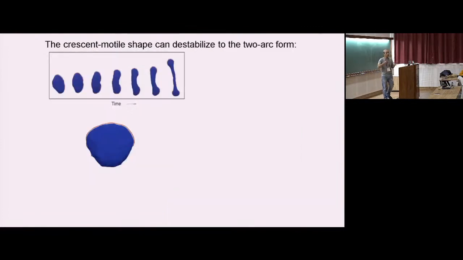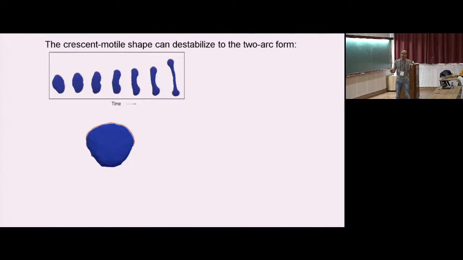Now, after we were so happy to get a polarized state and a moving cell, or something that looks like a moving cell, you also have to remember that the victory is not all yours yet, because this system is indeed super simple, and it manifests in being super fragile. For example, you can see these snapshots, and I'll show you the movie that goes with them in a second. As time goes by, by chance fluctuation, there was a nick, a small break in this large aggregate of proteins.